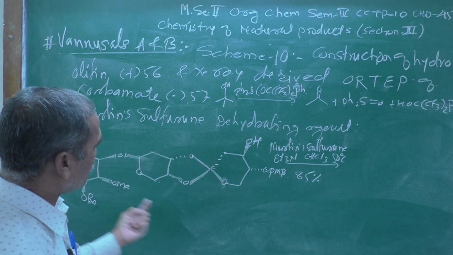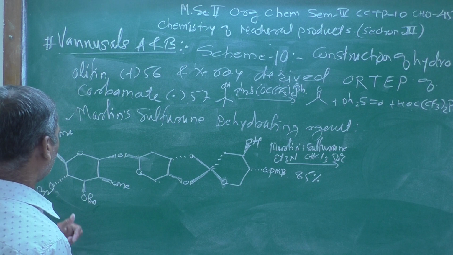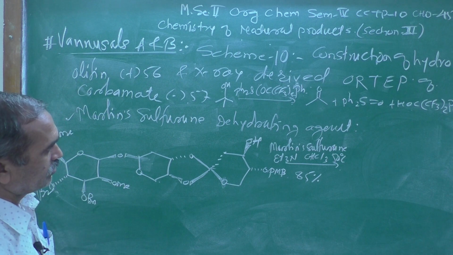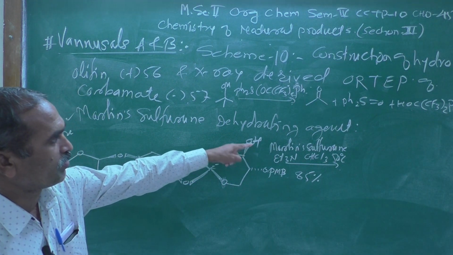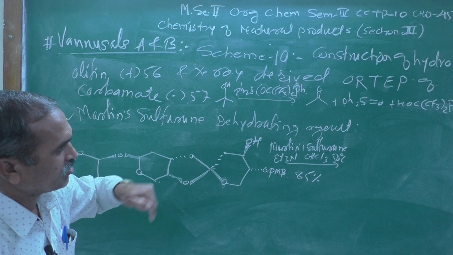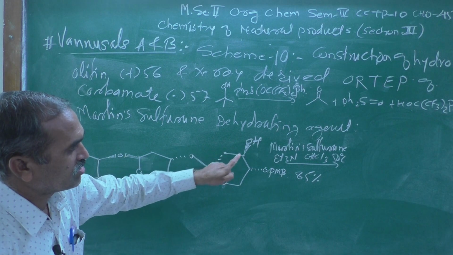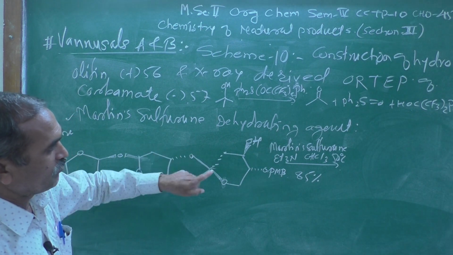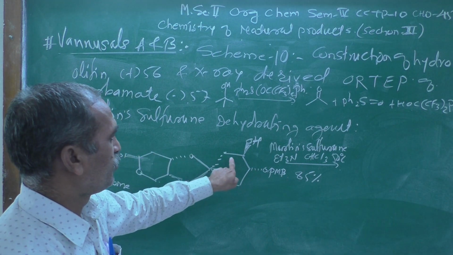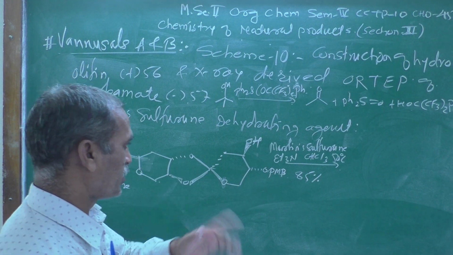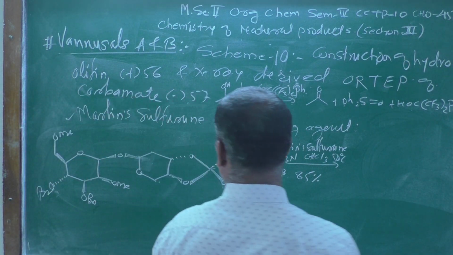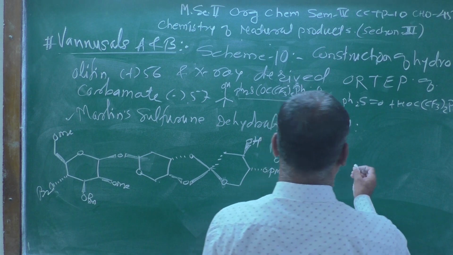If you observe this structure carefully, look here, a hydroxy group is there. What kind of hydroxy group is it? Whether it is primary, secondary or tertiary, it is secondary, and therefore olefin is going to form, and that olefin must be less substituted. That is the speciality of it, and you may get the product.